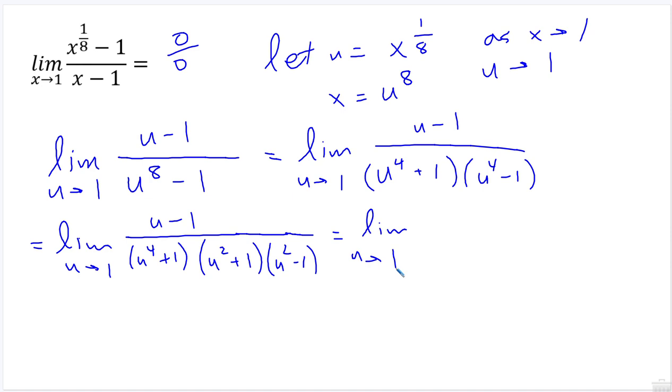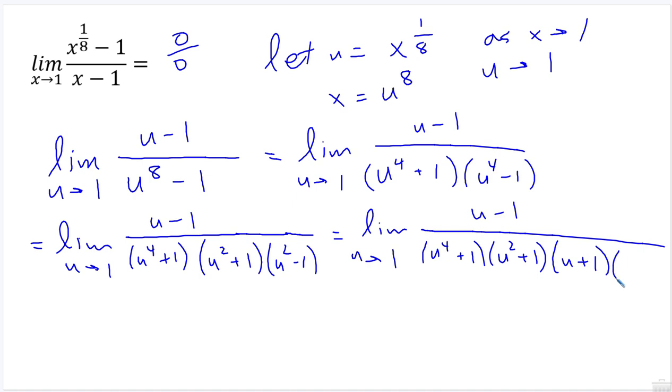I'm just going to keep breaking these down until I end up with the u minus 1 term that I need in the denominator. So I've got u to the 4th plus 1, u to the 2nd plus 1, and my u squared minus 1 will just become u plus 1 times u minus 1. Now that I have u minus 1 in both the numerator and the denominator, I can cancel it out as long as u isn't 1, which it's not. It's approaching 1.